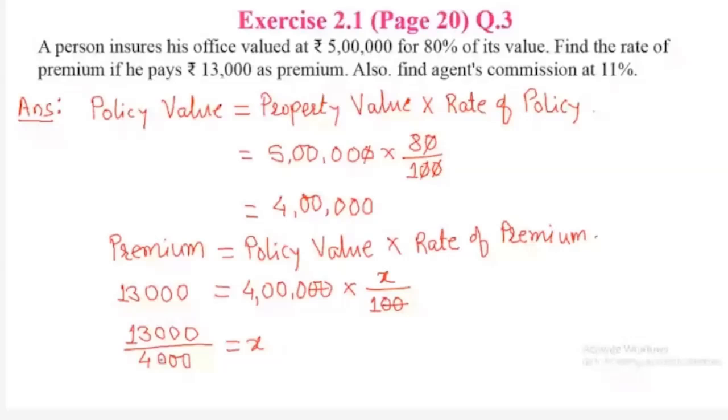So now zeros got cancelled. 13 upon 4 easily can be done. 13 upon 4. 4 3s are 12. 1.0. 4 2s are 8. 2 left 20. 4 5s are 20. 3.25.